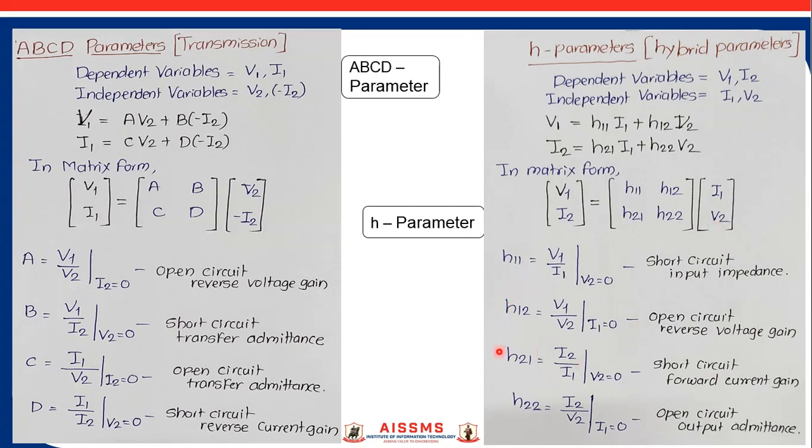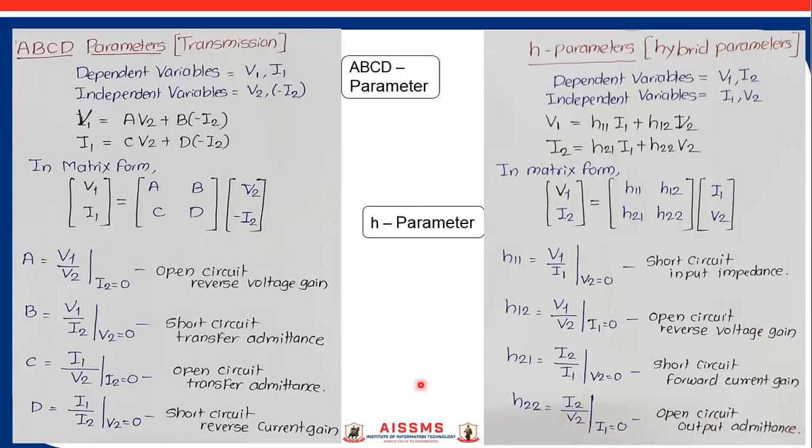This is a formula of H11, H12, H21 and H22. H11 is short circuit input impedance. H12 is open circuit reverse voltage gain. H21 is short circuit forward current gain, and H22 is open circuit output admittance.